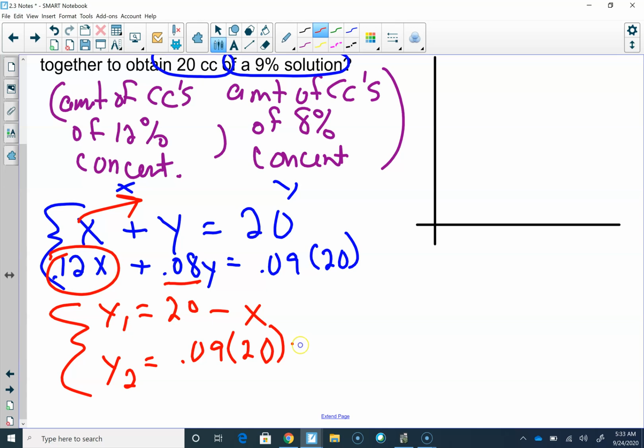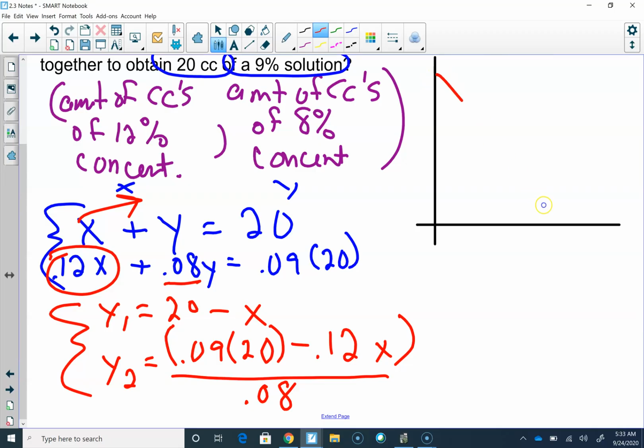So I'm going to subtract this x term just like I did in the first one. And then I'm going to divide the whole thing by my 0.08. And again, I want to put parentheses around that top part there. So I'm going to put both those into my graphing calculator. I'm going to come out with my equations there. And then I'm going to find my intersection.